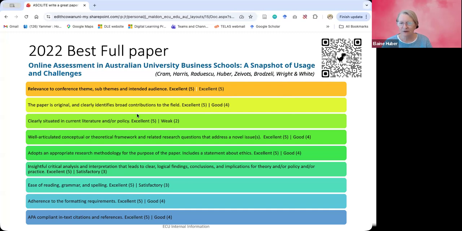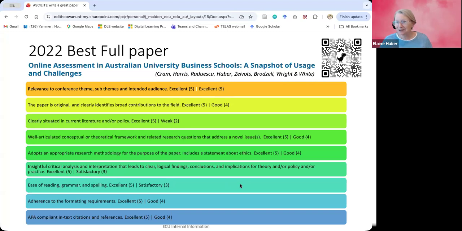Reviewer 1 really liked it: excellent, excellent, excellent, excellent. Reviewer 2, as you would expect, always reviewer 2, right? Not as impressed with the paper. We got a weak here about the literature, a satisfactory about the analysis, and a satisfactory about spelling and grammar.